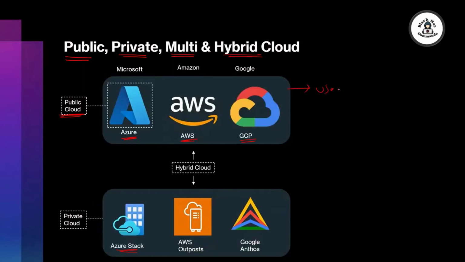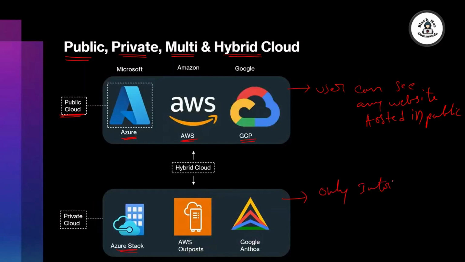Here, a user can see any website posted in public. But here, only internal users who have access can access this private cloud. When a company is using both public and private together, it is called hybrid cloud.